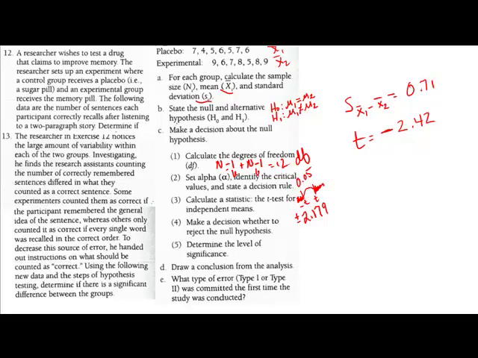So we are out here in our little curve, so we would reject the null hypothesis. So what are we saying? We're saying that there's an effect, that the drug is making you more likely to be able to recall this paragraph than those who took the placebo.